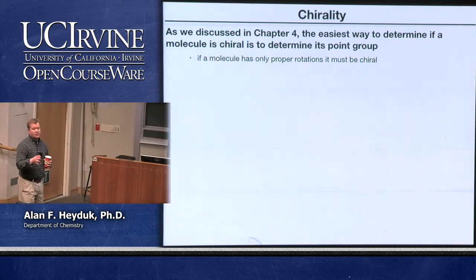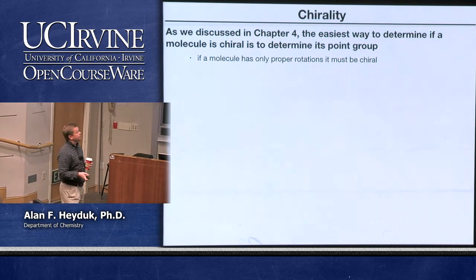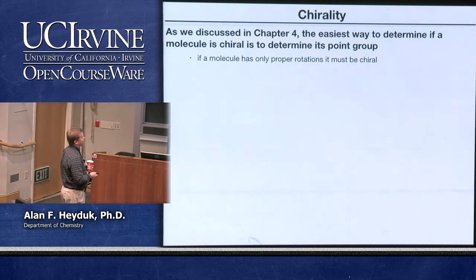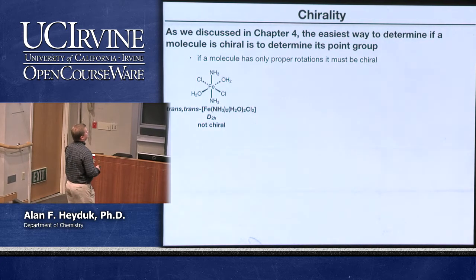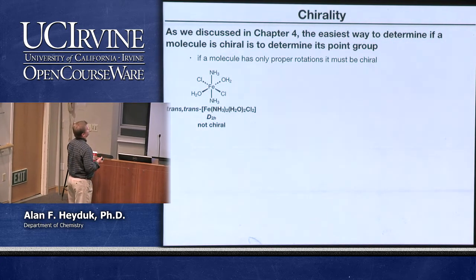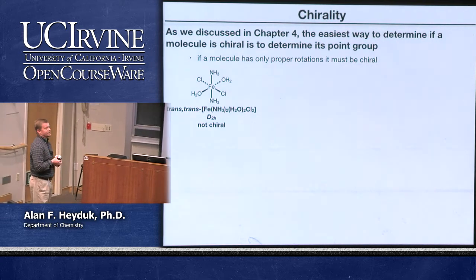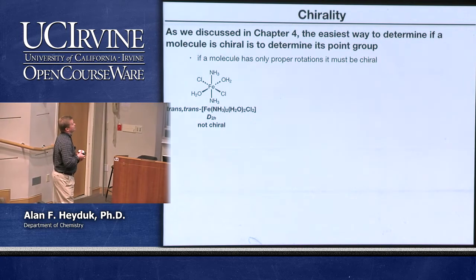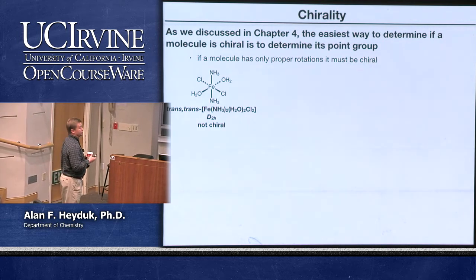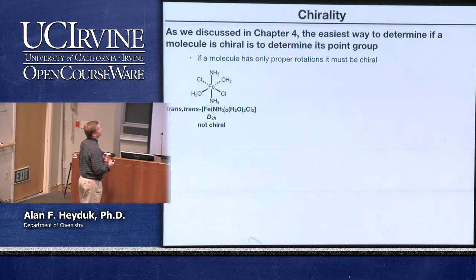Okay, so anytime you see improper rotations, that throws the chirality thing off. And so we can look at a molecule, no surprise, if you take an octahedral molecule and you throw lots of different ligands on it, you can get a chirality. If you put the ligands in the correct arrangement, you won't.